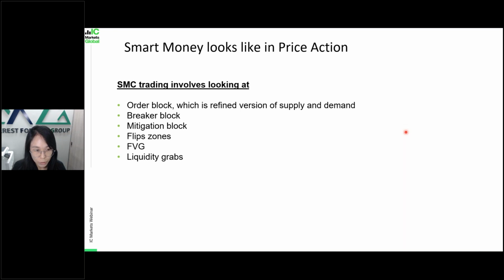Fair value gaps, which we mentioned earlier, are imbalances in the market when demand outpaces supply or vice versa. These are the terms that SMC trading will involve. If you are into this trading, you will see these terms really often.